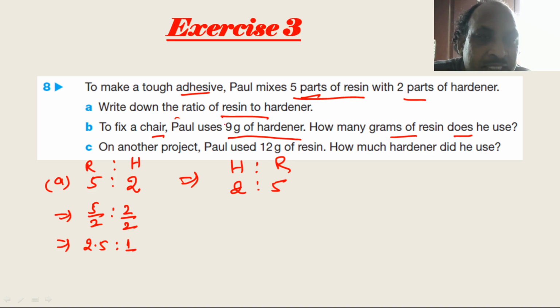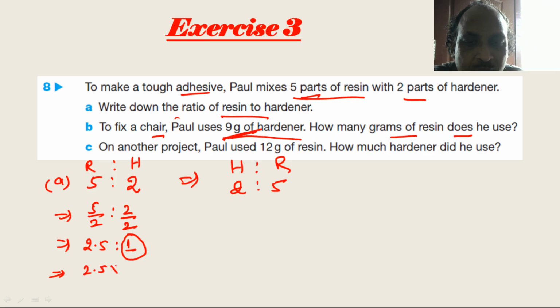Now you can see that 9 gram of hardener Paul is using. It means this 1 is becoming 9 now. So how to make it 9? Multiply both parts by 9. So it will become 2.5 into 9 is to 1 into 9.